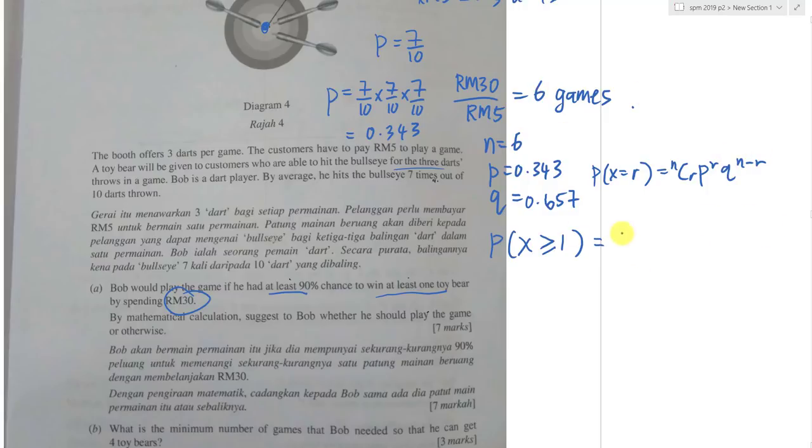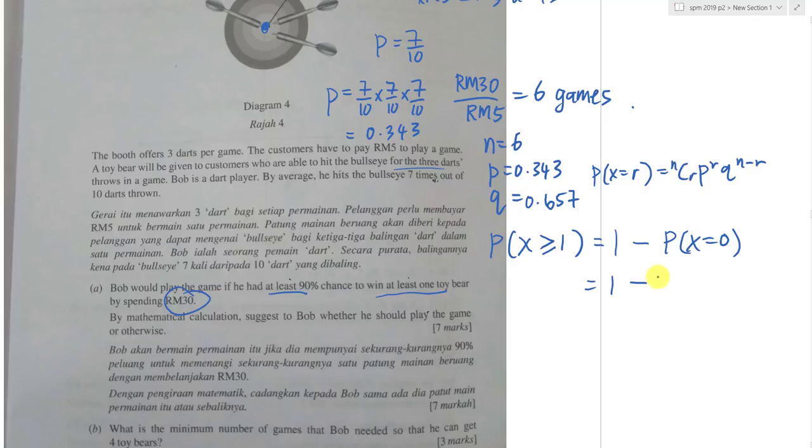So plus until 6, like 1 plus 2 plus 3 plus until 6. But in order to save some time, I will use 1, which is the total, minus the probability X equals to 0, because this is how we get 1, 2, 3, 4, 5, 6. So therefore, this is just a faster way. You must use this faster way unless you really want to do 1 plus until 6 games.